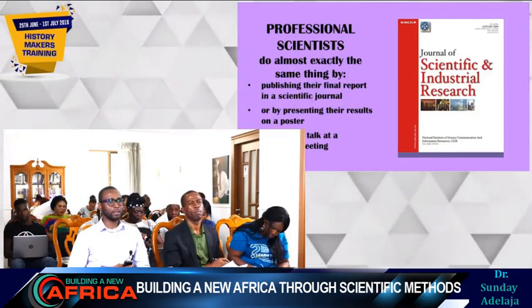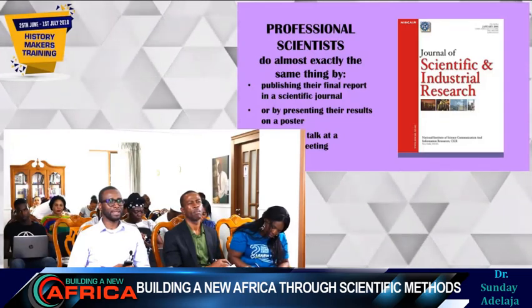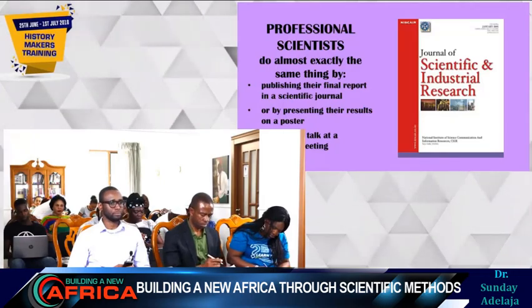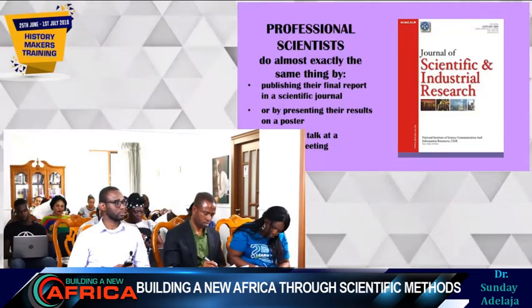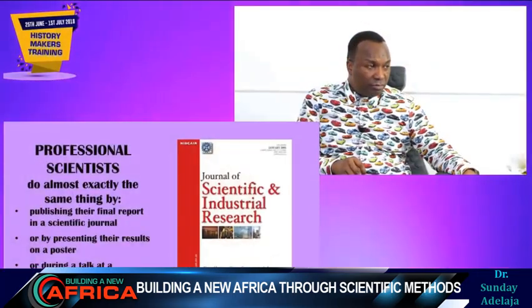Professional scientists do almost exactly the same thing by publishing their final report in a scientific journal. Because when you are sure of your experiment, you will like to share it with the world. And that's when they give you authority, recognition. Or by presenting their results on a poster or during a talk at a scientific meeting.